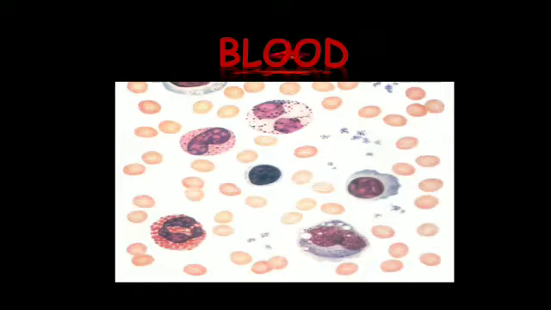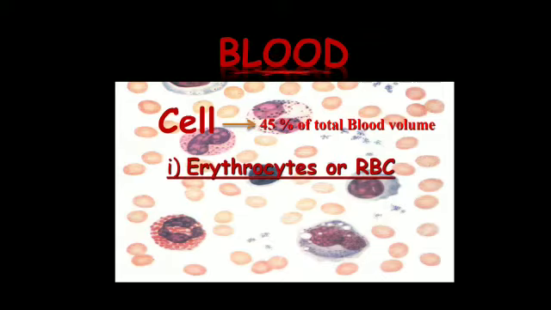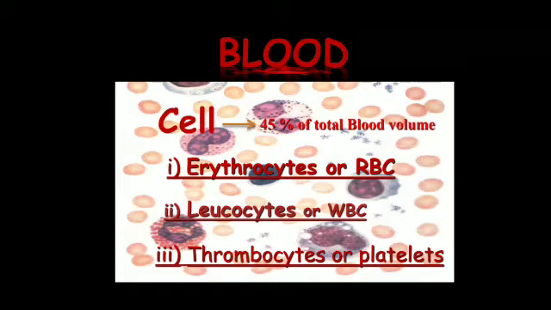So friends, the blood cells, which are 45% of the total blood volume, are of three different types: erythrocytes or RBC, leukocytes or WBC, and thrombocytes or platelets. Now one by one we will see about all these blood cells.